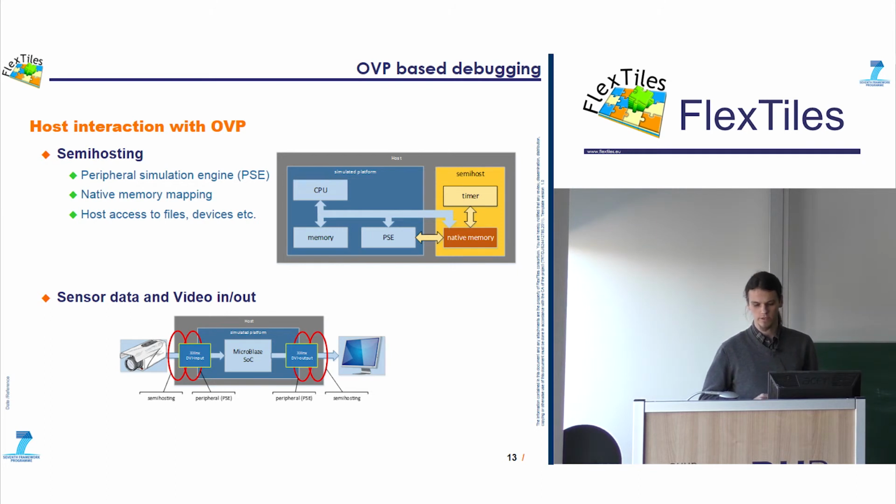This allows us to map, for example, in this graphic at the top, native host memory into our simulations. And this we can use to access files, for example, but also video in or video out, because yeah, they are file-based devices as well.